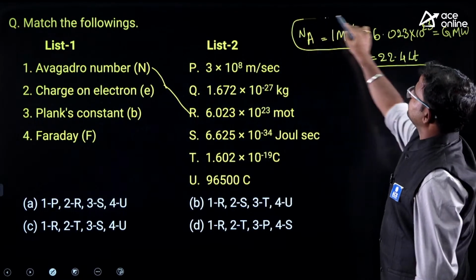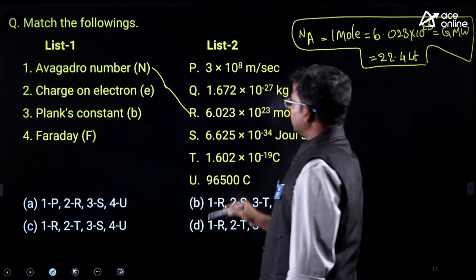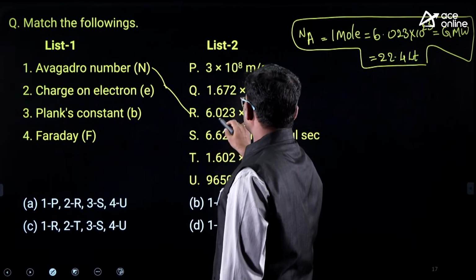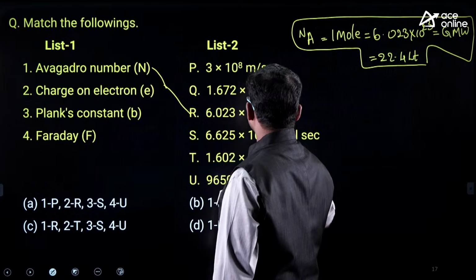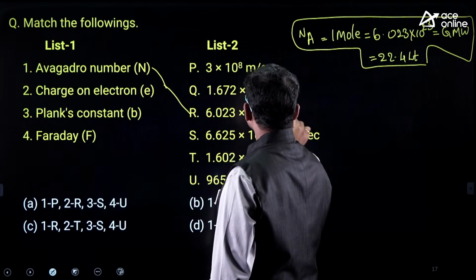So here they mention 6.603 into 10 power 23.